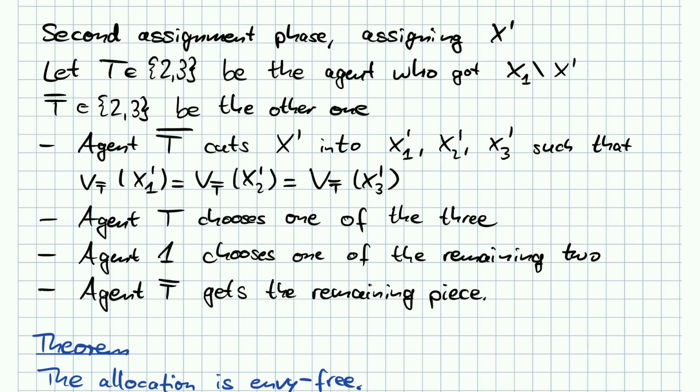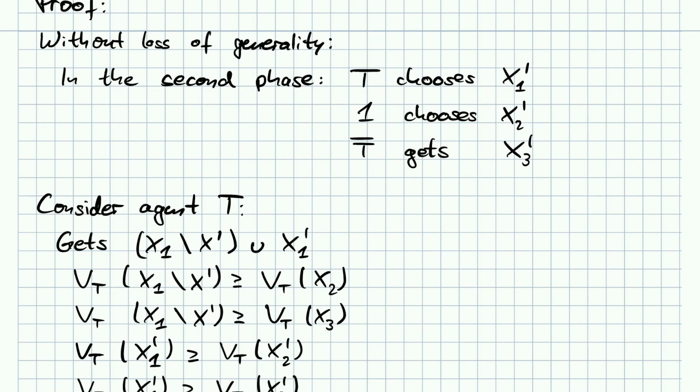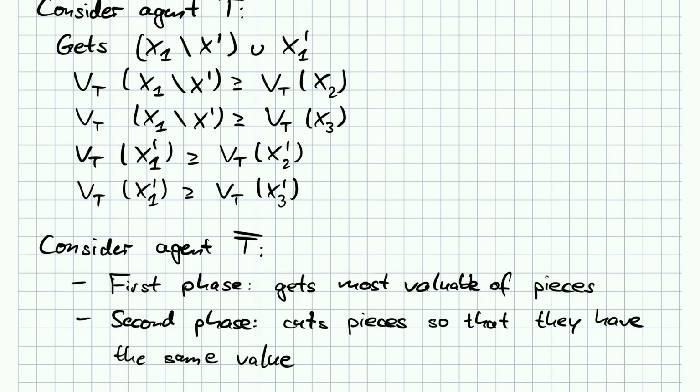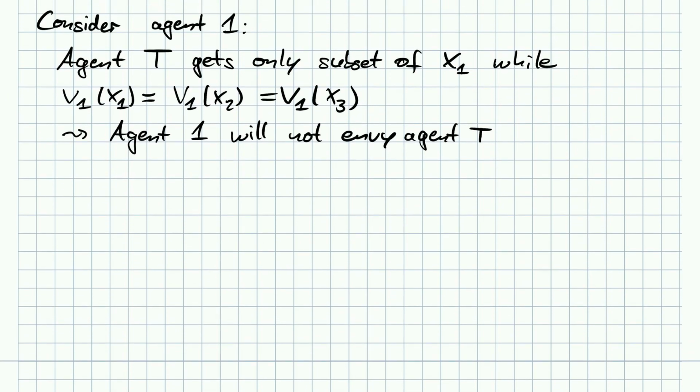So agent 1 prefers what they're getting to what this other agent is getting. So we'll have that agent 1 has a value for x2 prime of at least a value for x3 prime.